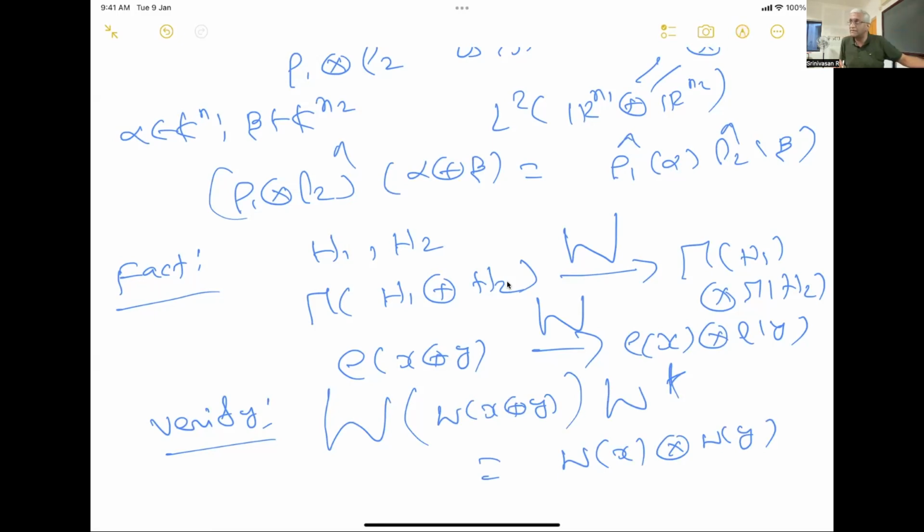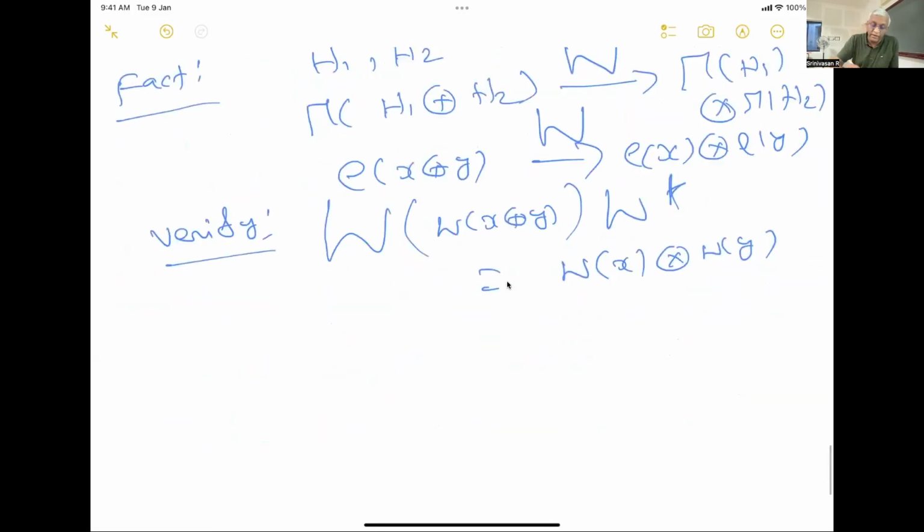You write it on the exponential vectors, but you need to verify at least once. I mean, okay, I will tell you what to do. So, okay, let's verify this. Okay, no problem. See, you want to verify this W of X direct sum Y acting on E of some other X1 direct sum, maybe alpha direct sum beta.